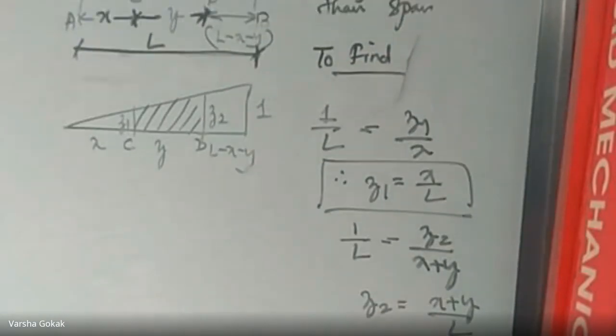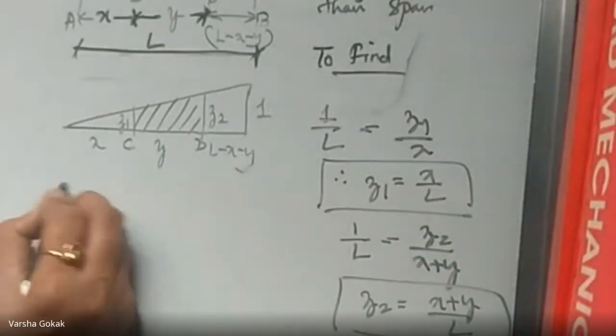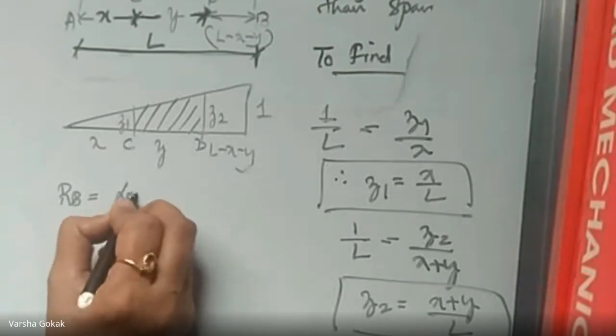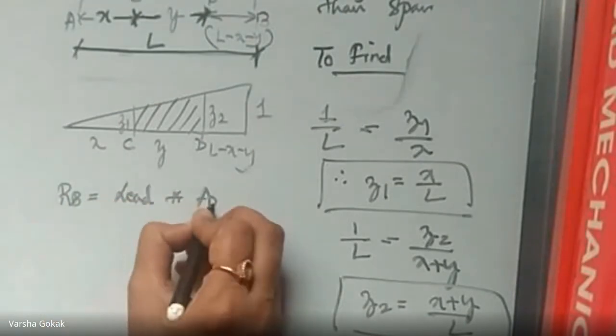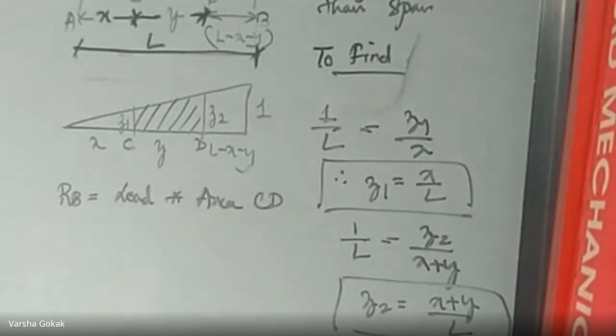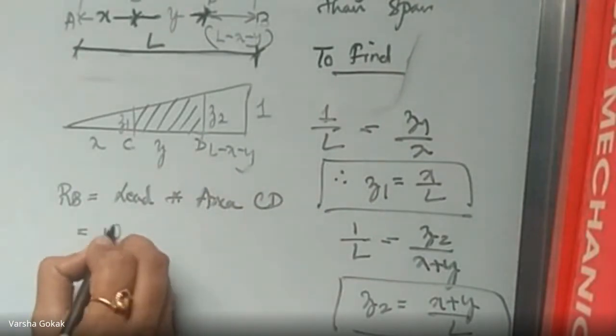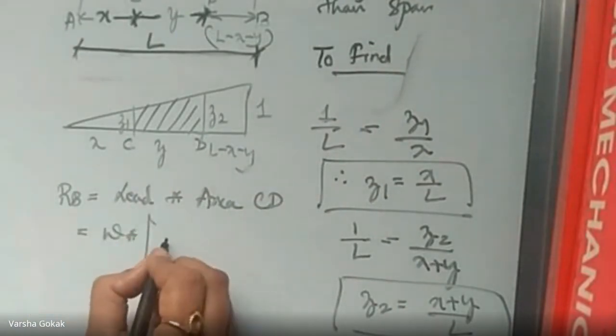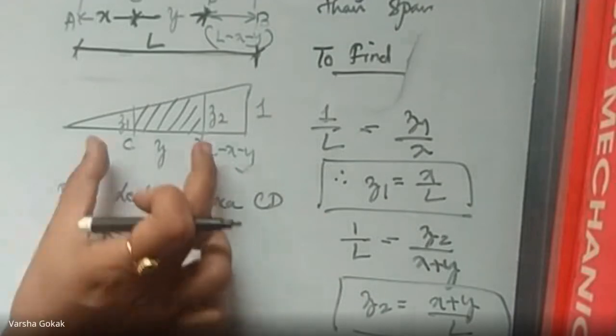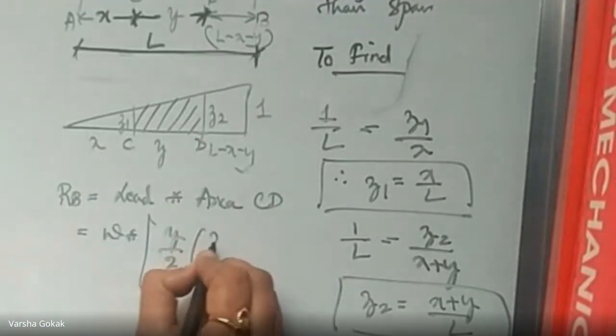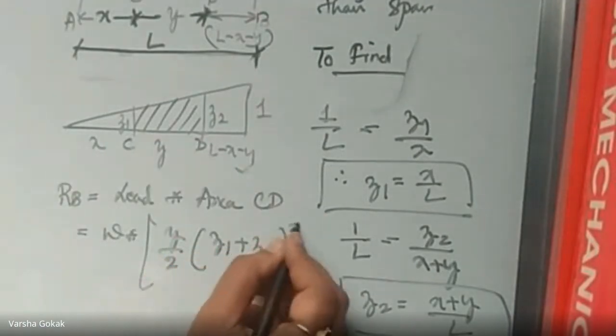So once we get the values of Z1 and Z2, reaction at B is nothing but the load into the area between C and D. So substitute, load is W, area between C and D is given by Y by 2, that is height by 2, into Z1 plus Z2. Correct?